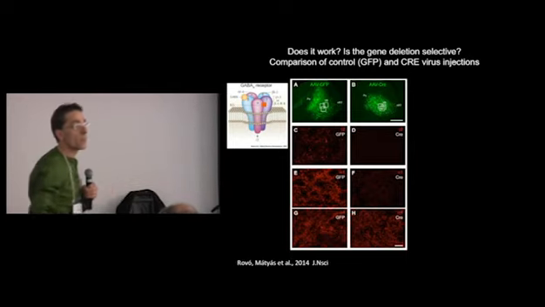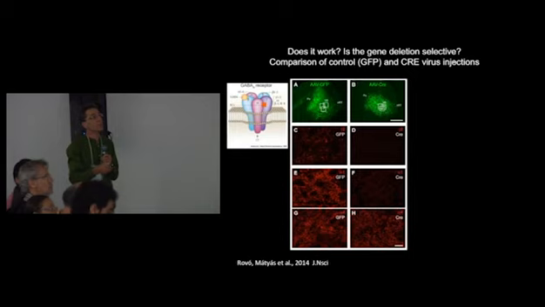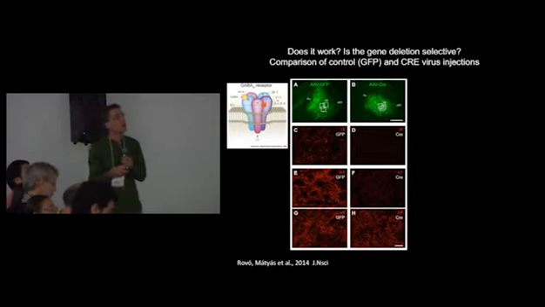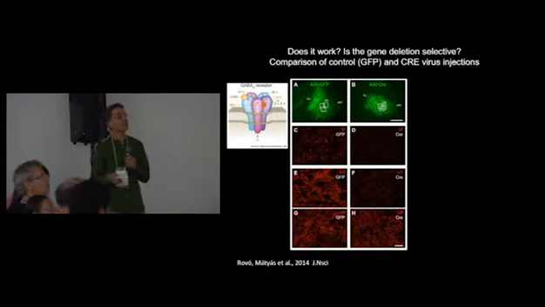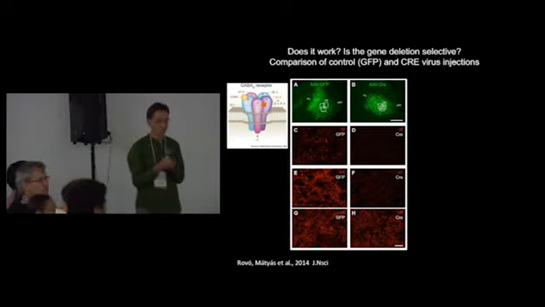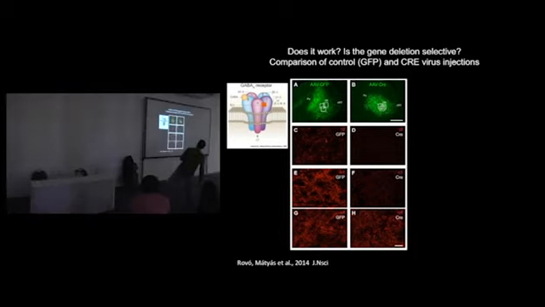The first one. So what we do here is we inject Cre virus and, as a control, only GFP virus, and examine the expression of the respective subunits. Hopefully you can see, though maybe not quite clearly, that you expect very high levels of gamma-2 receptor expression here and basically none in this case.